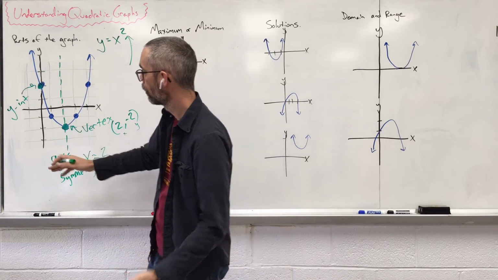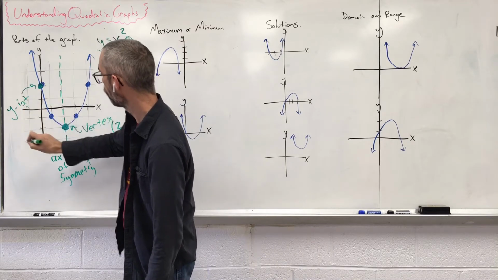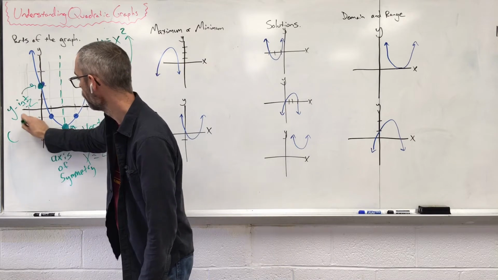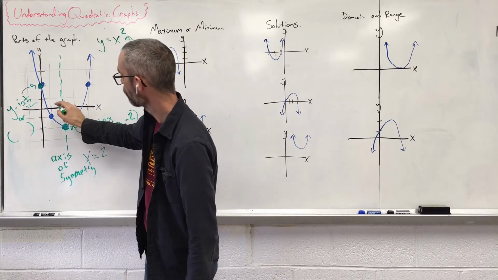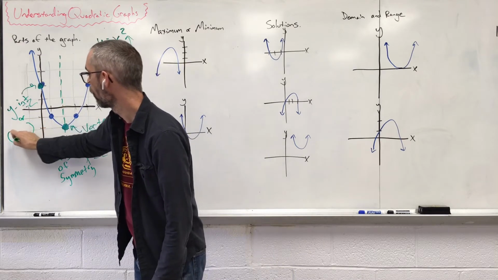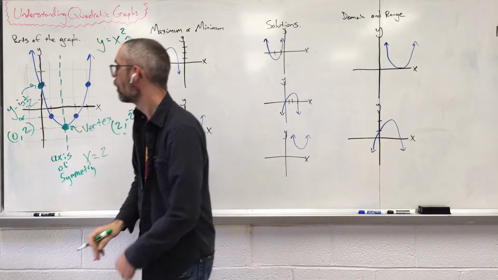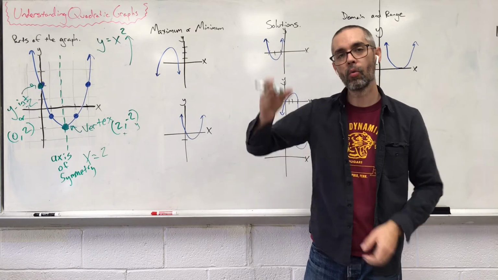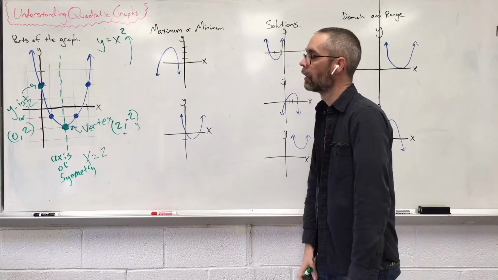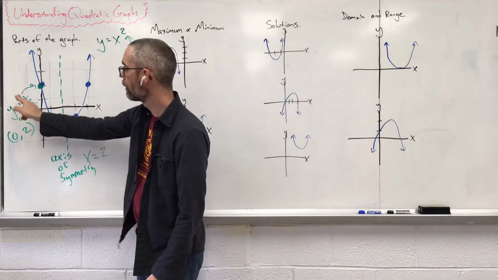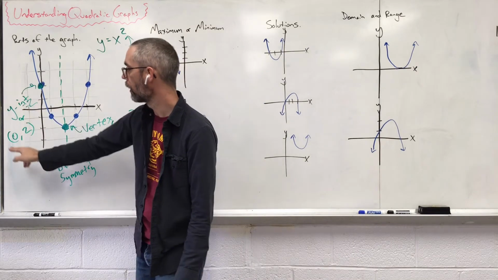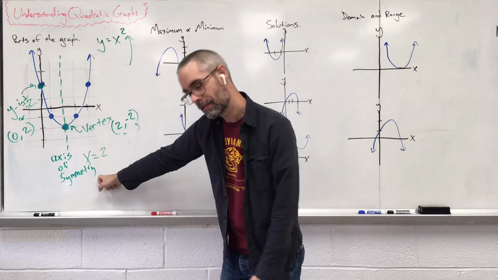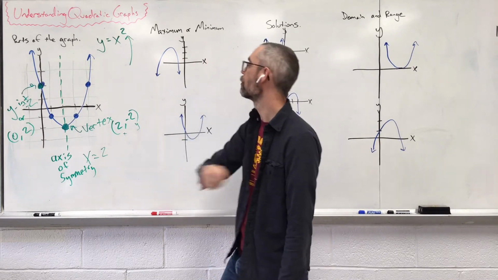I can either leave it y-intercept equals 2, or I can write that as a coordinate. In this case, our coordinate, we go left and right 0, and we go up 2. The y-intercept will always be 0 comma something, always that 0 in the beginning. So two ways of doing that: y-intercept equals 2, or you could write 0 comma 2. Vertex is always a coordinate. Axis of symmetry, always an equation, x equals.